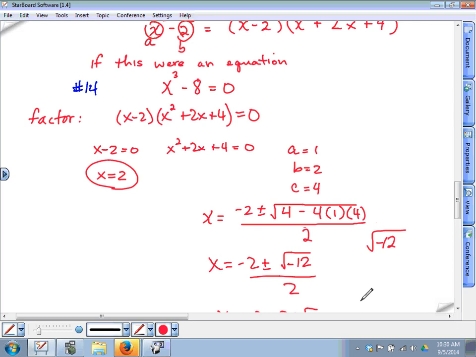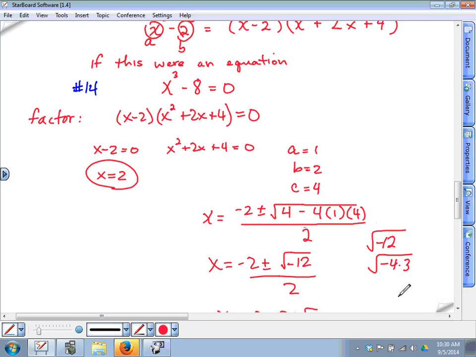There's a lot of things that multiply to 12. 1 times 12, 2 times 6, 3 times 4. Which one of those has a perfect square factor? 3 times 4. So we're going to use the 3 times 4 because it has a perfect square. I'm going to write it as the square root of -4 times 3. Why the 4 first? Doesn't really matter what comes first, but I always write the perfect square number first.